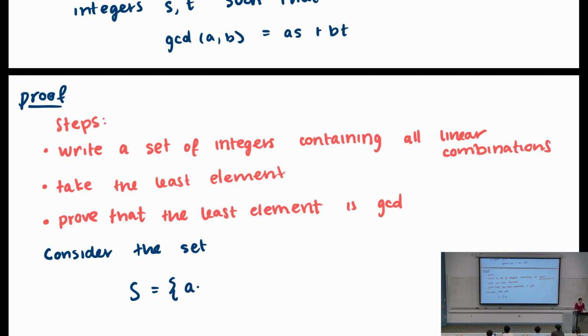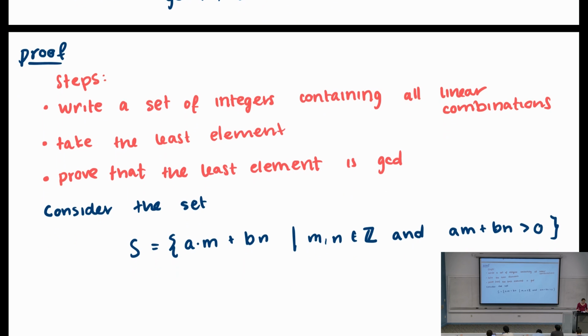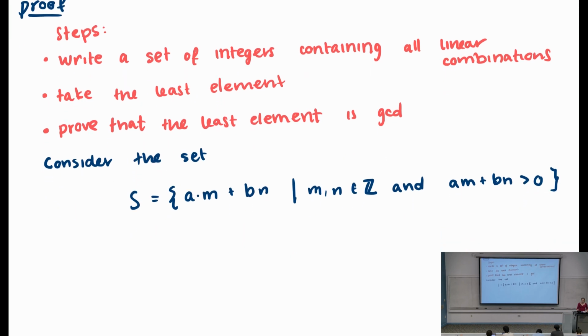Let's just do it in terms of M and N. So AM plus BN, such that M and N are integers, and this whole quantity AM plus BN is positive. Okay, so now what I want to do is apply the well-ordering principle to this.